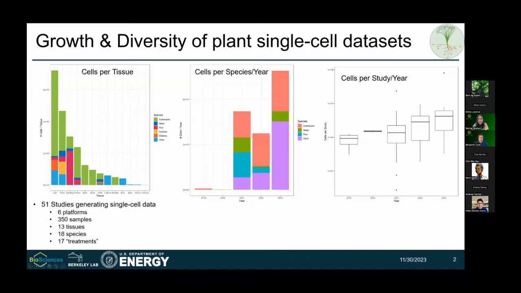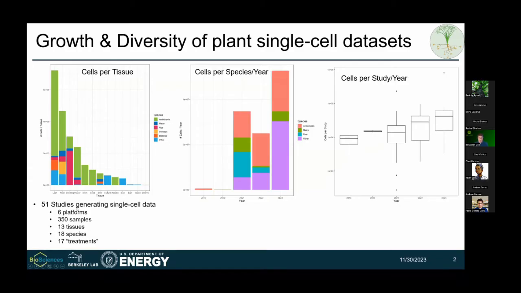To preface my talk, in plants, single cell research has been lagging behind animal single cell research a little bit. However, over the past couple of years, I believe we've reached an inflection point where we're now generating millions of cells per year from a variety of different species, and it's only going to go up and up. I did a survey of the plant single cell literature last year and found over 50 studies that have generated single cell data, a lot more now.